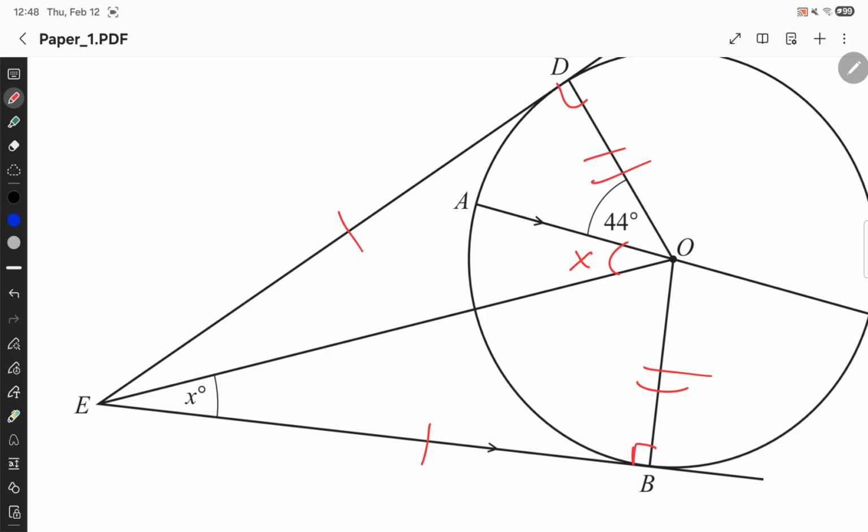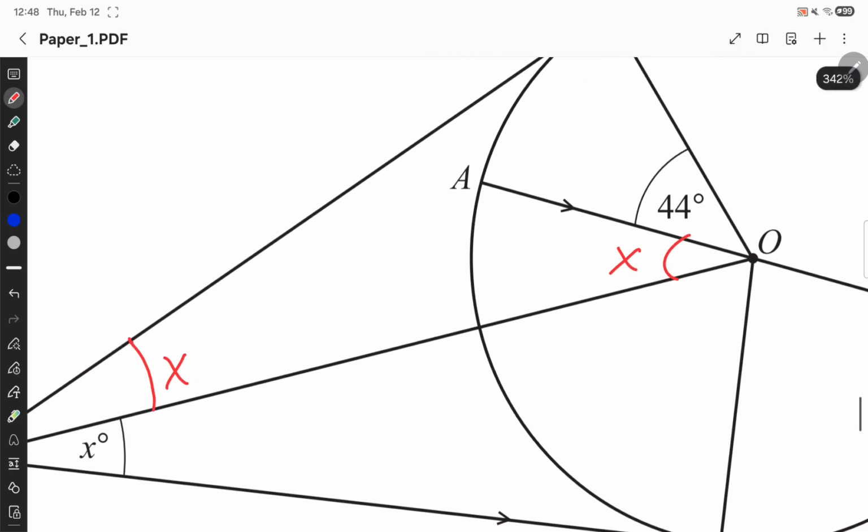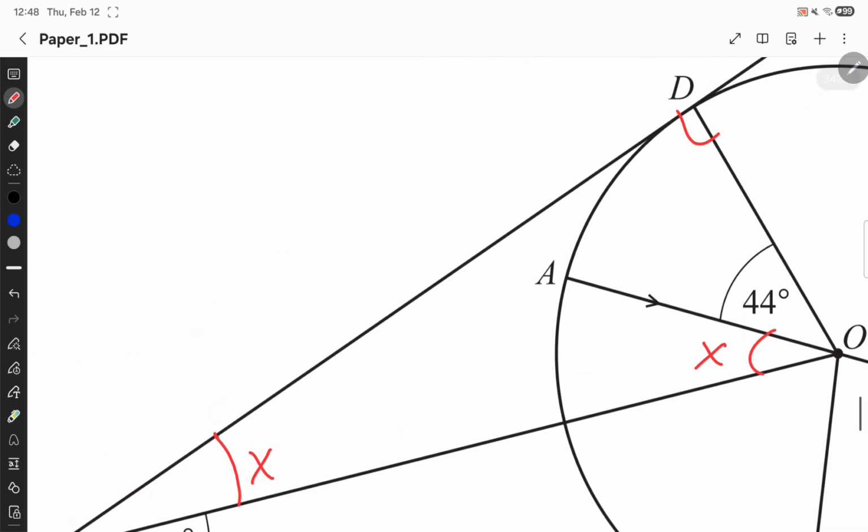Now using side angle, okay, we know that these two are congruent triangles, meaning this angle will also be x degrees. Okay, nice. Now using this, we know every angle of the triangle, and so we can solve for x.